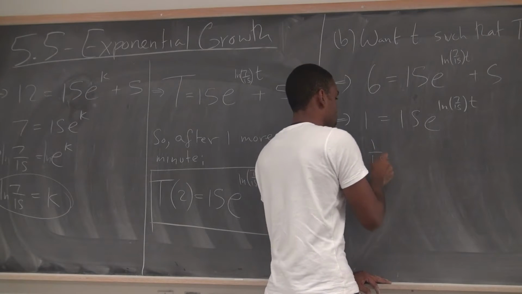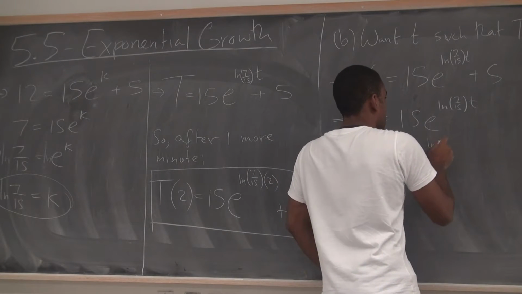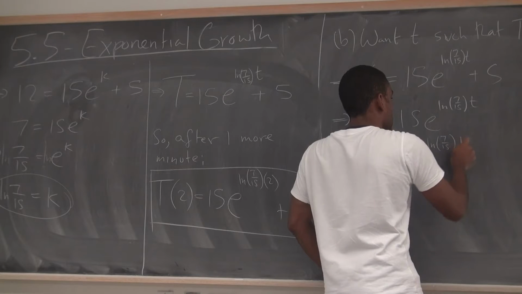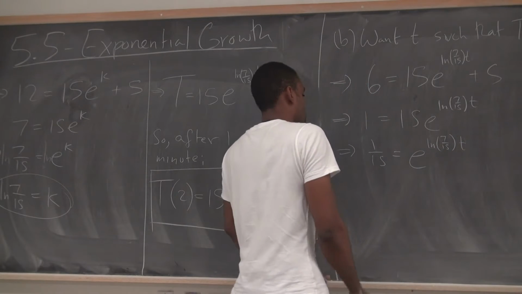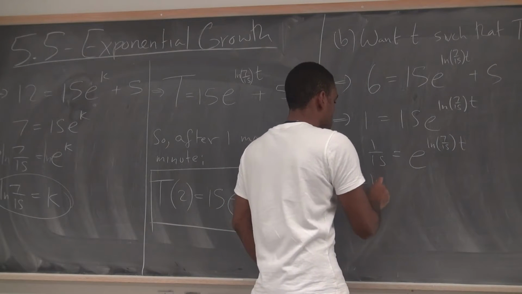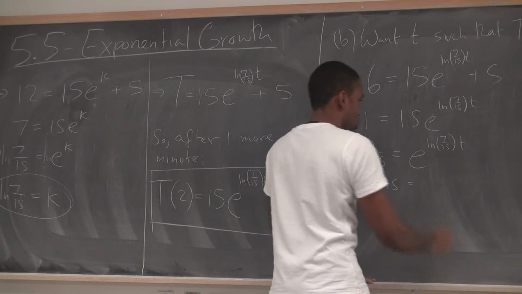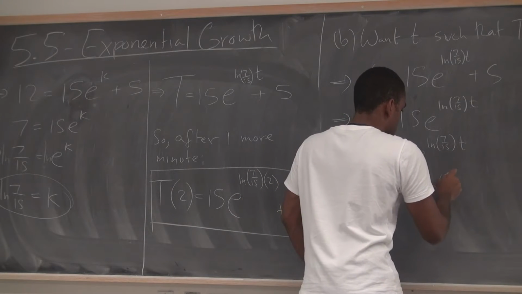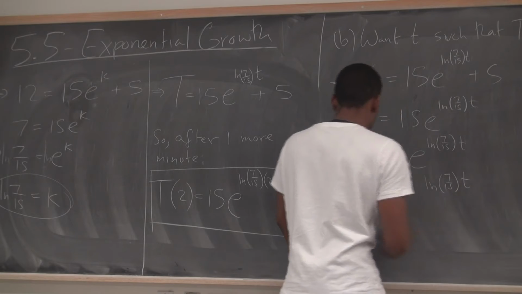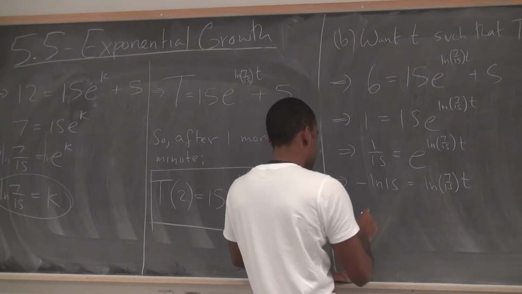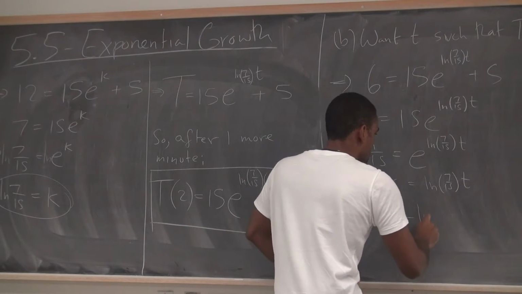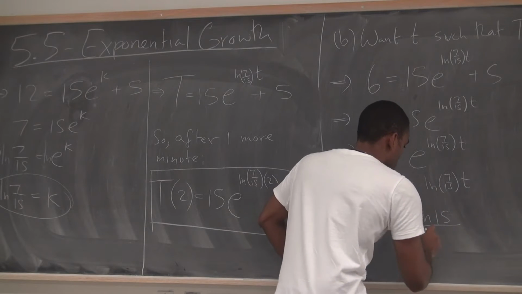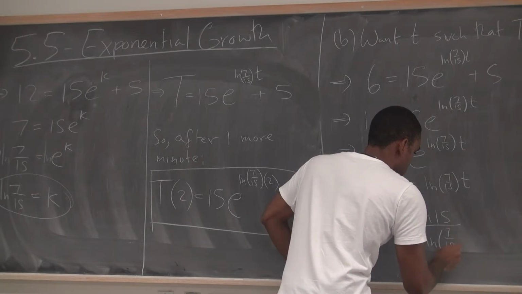This is 1 over 15 equals e to the ln of 7 over 15 t. So this gives us minus ln 15 is equal to ln of 7 over 15 times t. This means t equals minus ln of 15 over ln of 7 over 15.